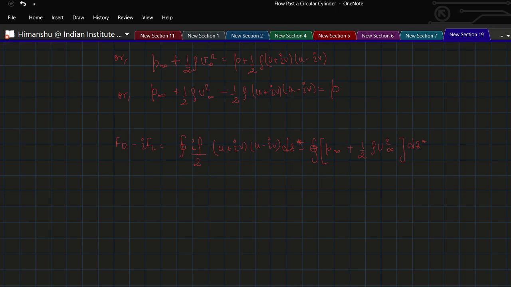Since the closed integral of a constant is always zero, you get iota rho by 2 closed integral of (u plus iota v)(u minus iota v) dz star.